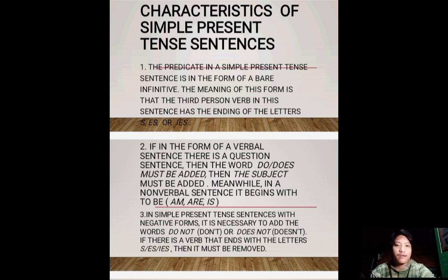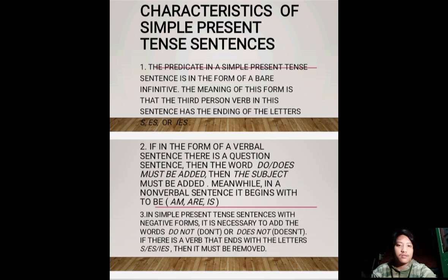s or es. Number two, if in a verbal sentence there is a question sentence, then the word does must be added, then the subject must be added. Only in a non-verbal sentence it begins with to be: am, are, is.